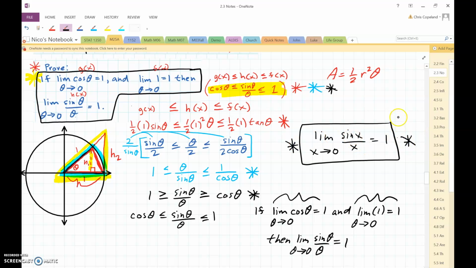So if you see a problem like this, the limit of sine over x, where x could be anything, could be theta, could be y, as x goes to 0, that's going to be equal to 1. Make sure that it has all of these conditions, because we're going to do some other problems later where the limit of sine x over x as x goes to infinity, then our answer would be something different.